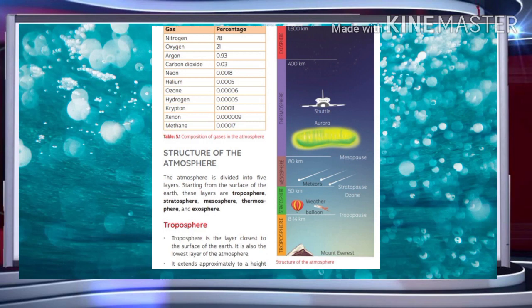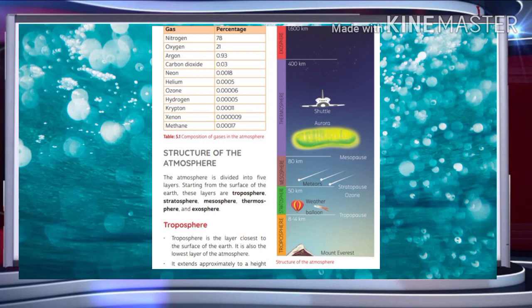The uppermost layer of the stratosphere is known as stratopause. After this stratopause, directly the third layer, that is mesosphere, starts. Mesosphere lies above the stratosphere and extends to about 80 kilometers from the surface of the earth.